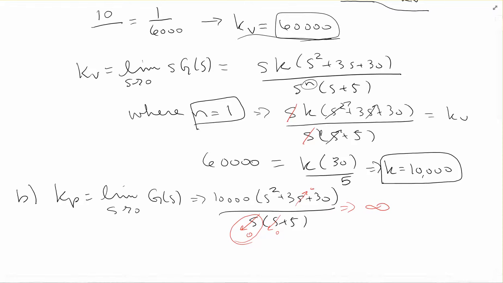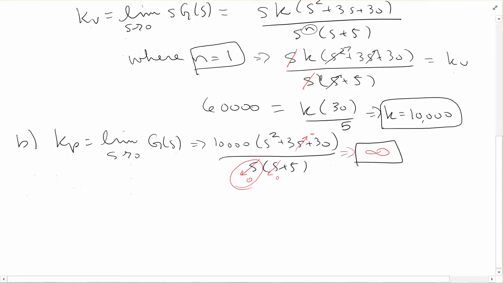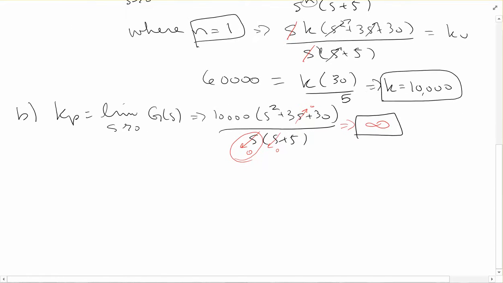So kp is going to be equal to infinity for this system. Okay. And k sub v, the equation for that, if you look back in that table that we did during the lecture, we've got the limit as s goes to 0 of s times g of s.